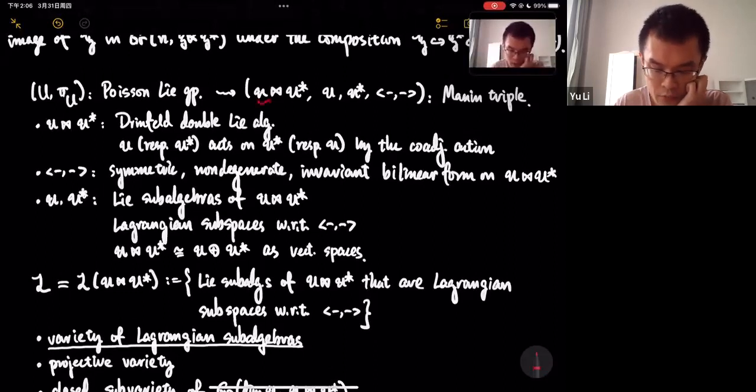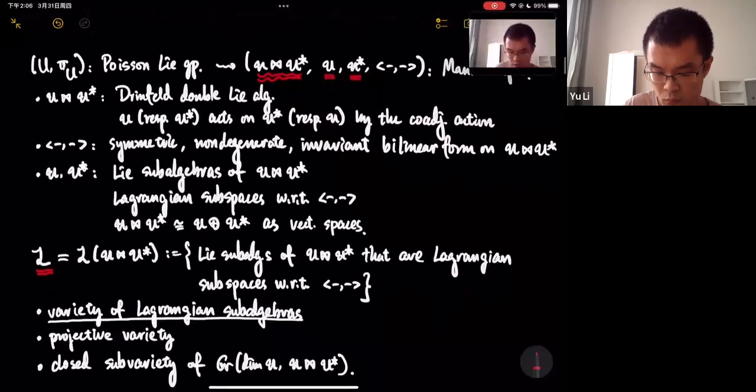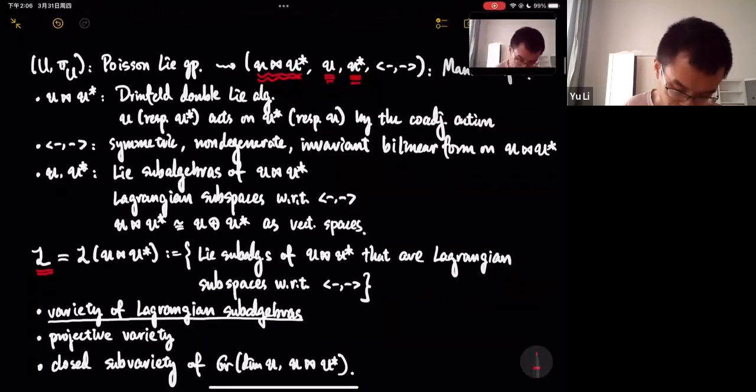In particular, we have the Drinfeld double Lie algebra and two Lagrangian subalgebras of the Drinfeld double. And then we can define the variety L of Lagrangian subalgebras of the Drinfeld double. By definition, we have two particular points of this L, namely the points u and u star.